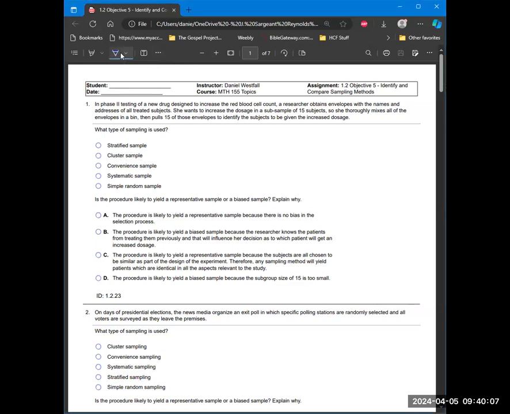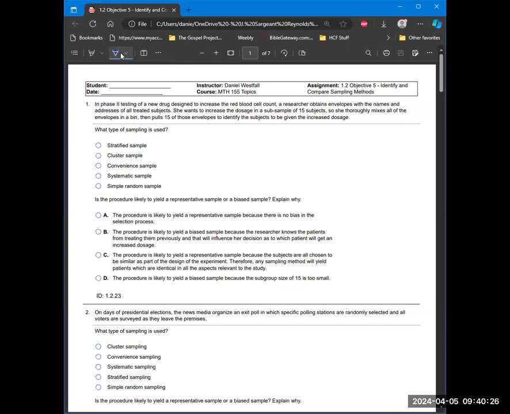In phase 2 testing of a new drug designed to increase the red blood cell count, a researcher obtains envelopes with the names and addresses of all treated subjects.